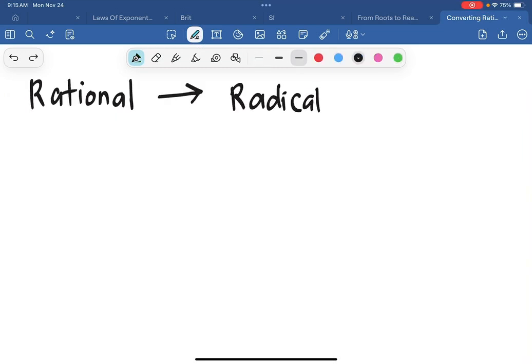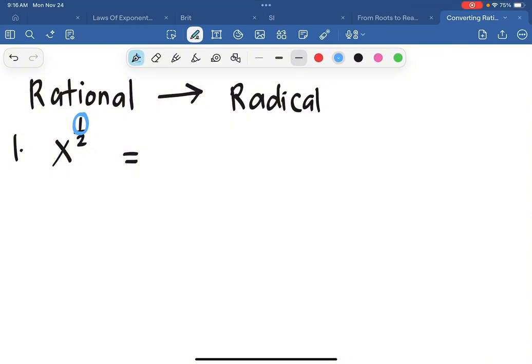Now let's have some actual examples of converting rational to radical. So here's, for example, x raised to 1 over 2. Again, our 1 here, our numerator, is the one that we're going to use to raise the base.